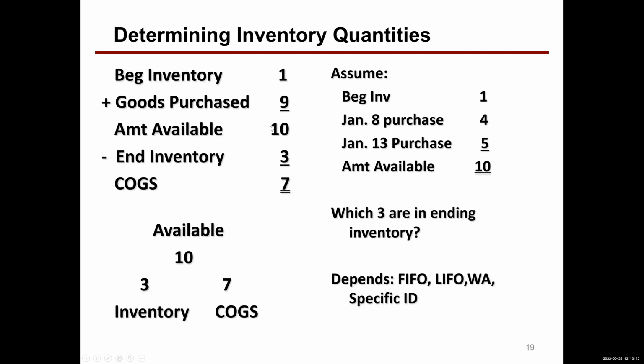Remember, this amount available is made up of all these purchases. So of the 3 ending inventory, which ones are they? Which ones are still in ending inventory? Like I say, it depends on our inventory method. And we're going to be going over FIFO, LIFO, weighted average, and specific identification.